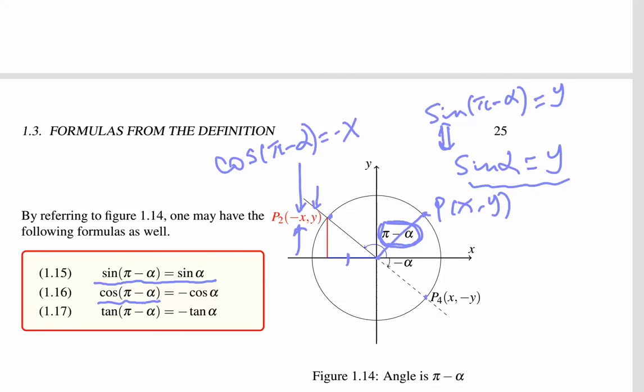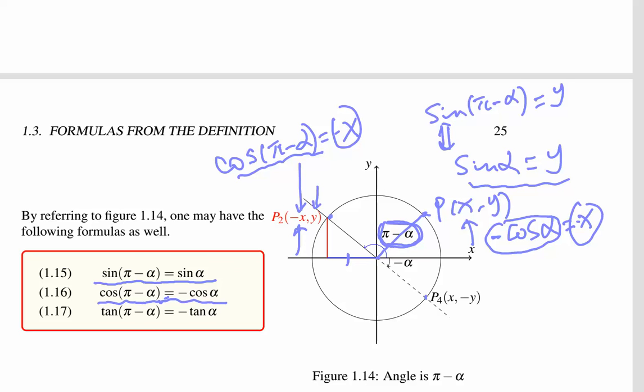But we know cosine alpha is x, this coordinate. So if you put a negative in front of it, they are equal. Then cosine of pi minus alpha equals negative cosine alpha. So that's this one, negative cosine alpha.